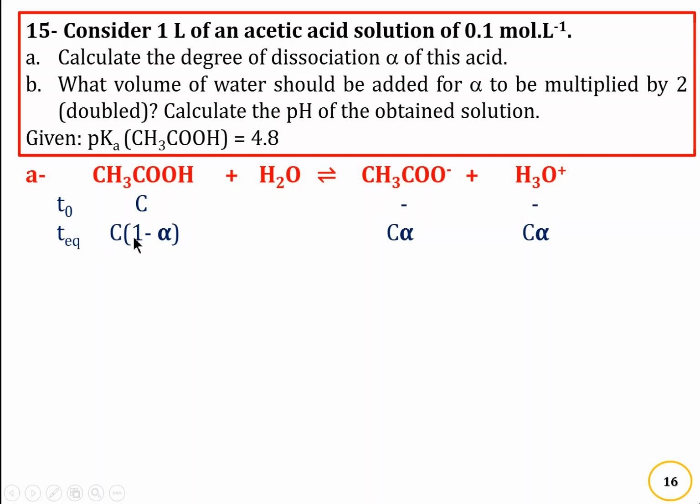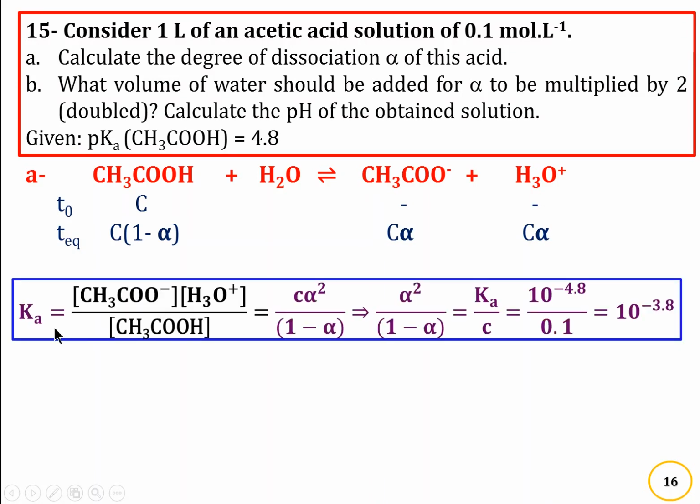At equilibrium, C(1 minus alpha), C alpha, C alpha. So Ka equals the concentration of the products divided by the reactant at equilibrium, so equals C alpha times C alpha divided by C(1 minus alpha), so equals C alpha squared divided by 1 minus alpha.